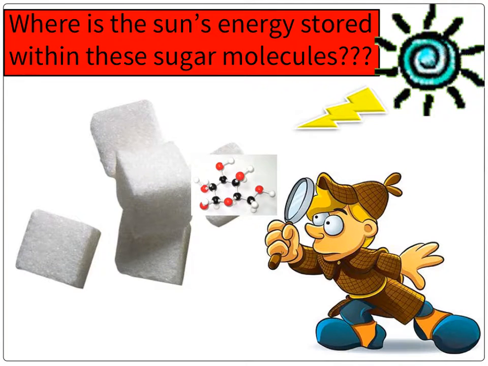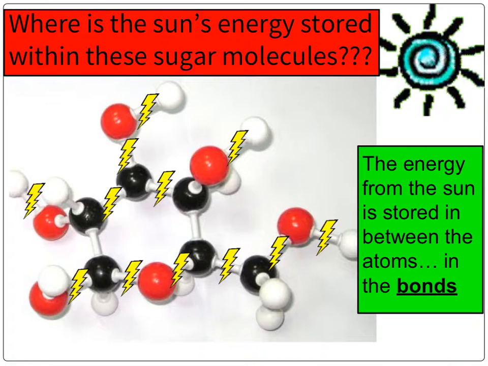But where is the sun's energy stored within these sugar molecules, within this glucose? The energy from the sun is stored actually within the bonds between the atoms. So right here, and here, and here, and here, and here, and here.